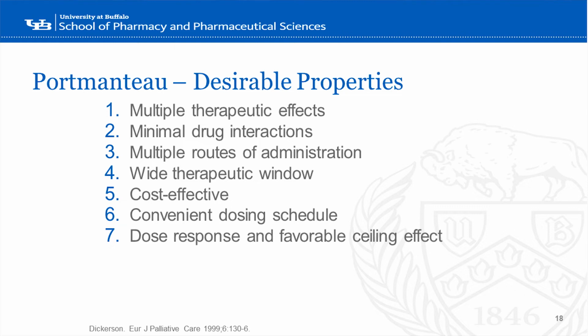Relatively wide therapeutic window, cost effectiveness, a convenient dosing schedule, and a known dose response and favorable ceiling effect. And to explain that, the ceiling effect with the medication is we can continue to go up and up with it without reaching a point where more doses will not have any more effect.